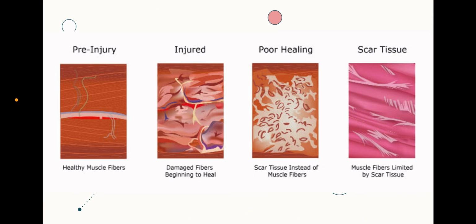So this is just poor healing, and this ends up declining your motor functions, and that is a common symptom in patients with the disease called DMD, and that is through a mutation in the dystrophin protein, and I will talk about that in a little bit.